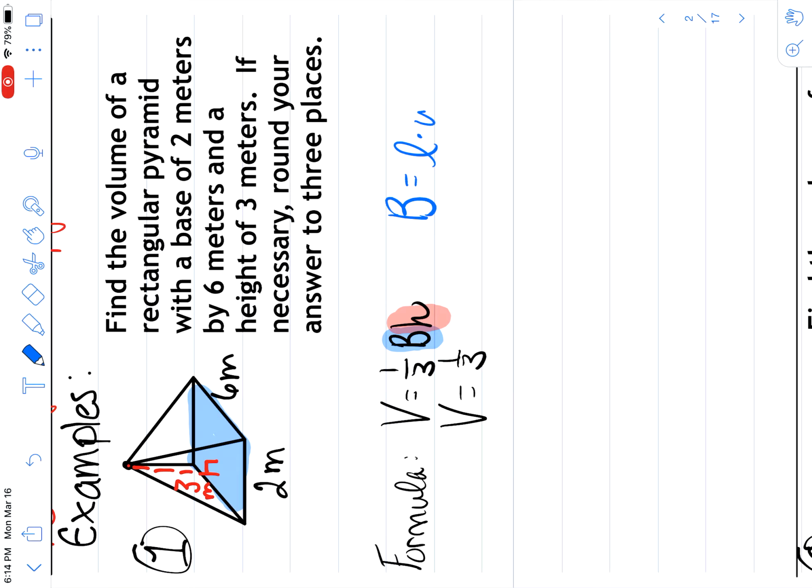Length times width, of course. So that's going to be 2 times 6, or 12, okay? So I'm going to put the 12 in my formula, so it's going to be 1/3 times 12, and then times 3 for the height.